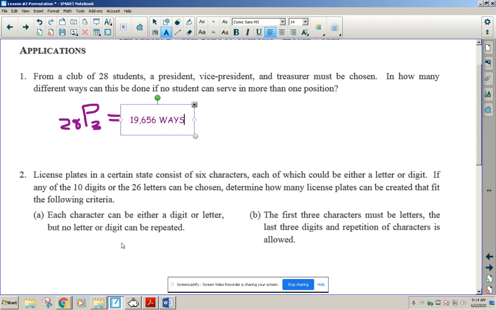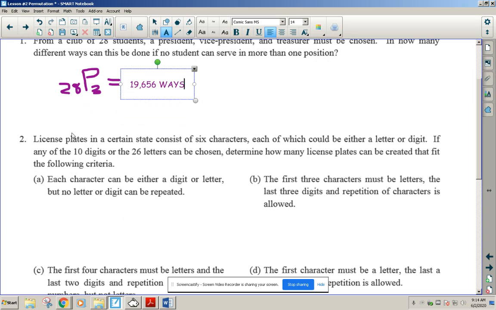Now, these are more likely the type of problems you get asked in this level of mathematics. A license plate contains 6 characters, each of which would be either a letter or a digit. Now, guys, there's 26 letters in the alphabet. There's 10 digits. From 0 to 9, count on your fingers, that's 10 digits. So we have to think about this.